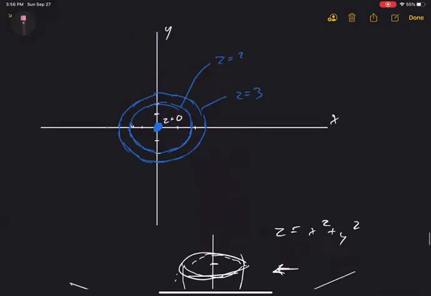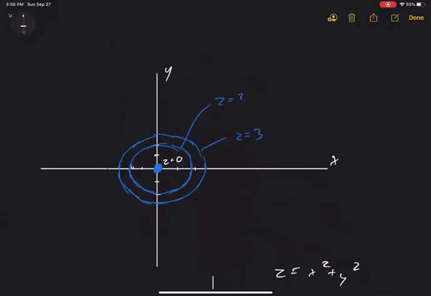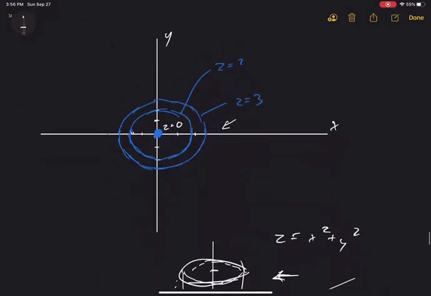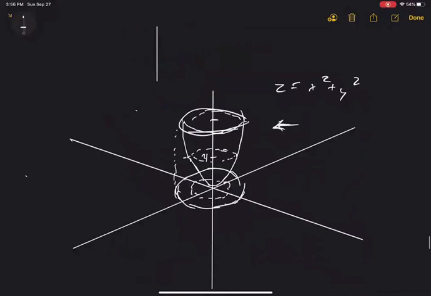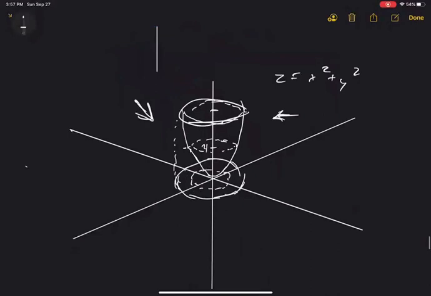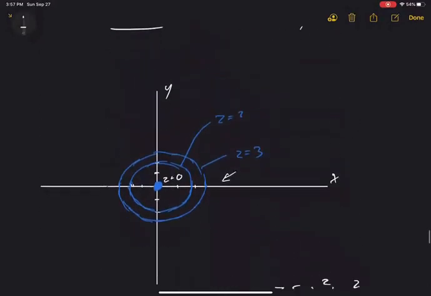You can think of these things as nested elevations, and maybe they give you a picture of what's happening. If you don't draw out your three-dimensional graph, like in this example, this thing is easy to graph in R3. But maybe if we had something more complicated, we couldn't graph the whole thing in R3. Maybe all we could do is make these level curves.